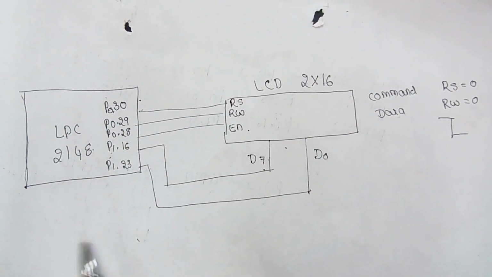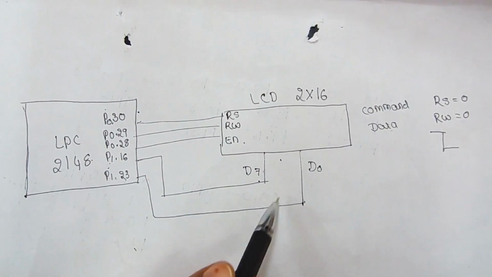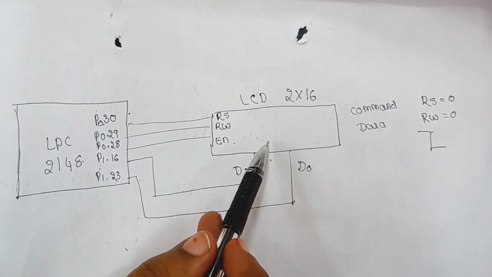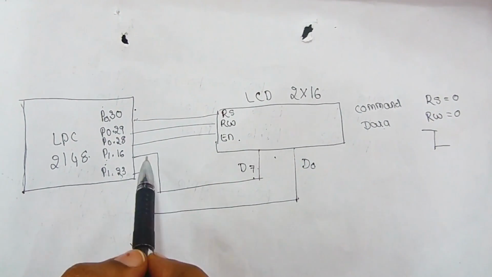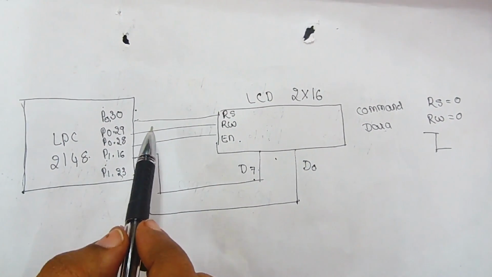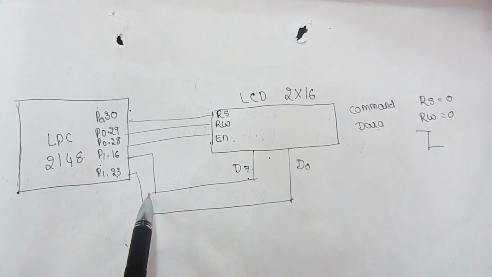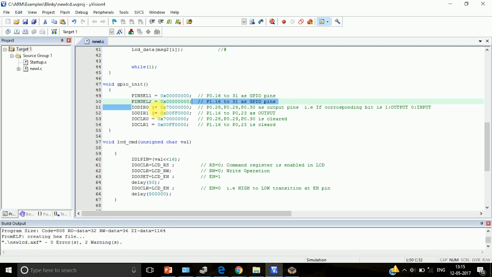So these 3 are output pins. And with the help of pin number 16 to 23, we are sending either command or data to LCD. So again, these 8 pins are also output pins. So we are setting the direction of these 3 plus 8 pins using IO direct 0 and IO direct 1.